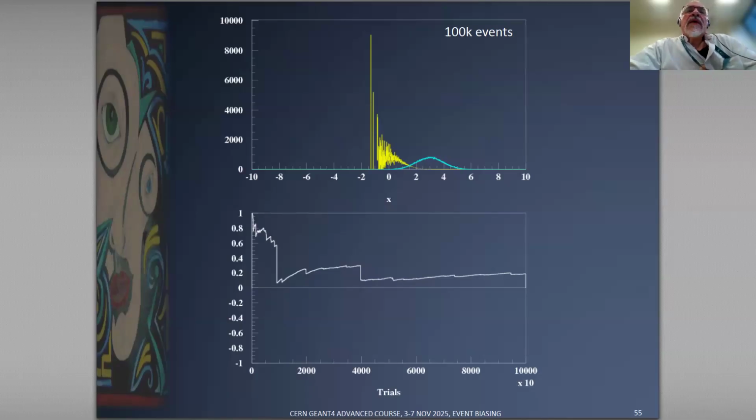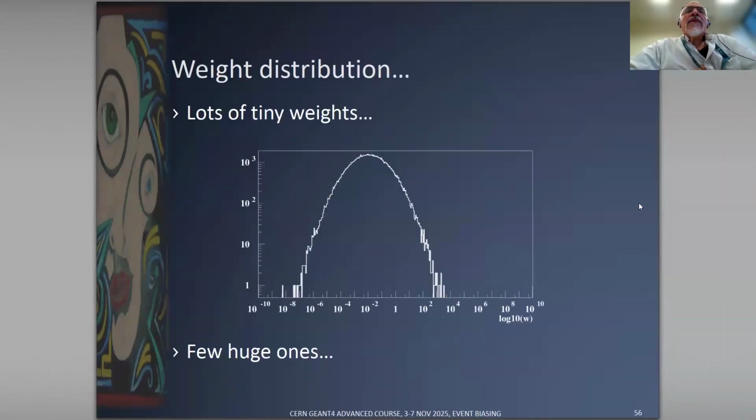Next slide. If you plot the weights, you will have this distribution. It is a very pathological case where you have lots of tiny weights, and a few which are very large, that is 10 to the 2, 10 to the 3.